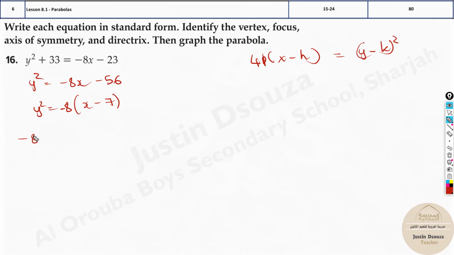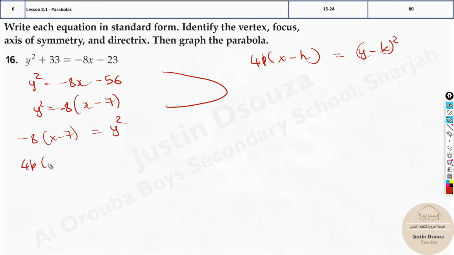Now I'll rearrange it and write minus 8 into x minus 7 is equal to y squared. See, this is something I like to write, because this gives me a sense that x is equal to y squared. So I can easily understand now minus is there, so the graph is something like this. Now then, what is the standard form?